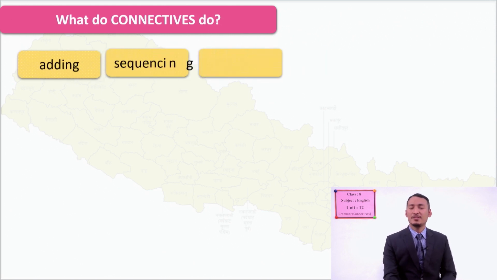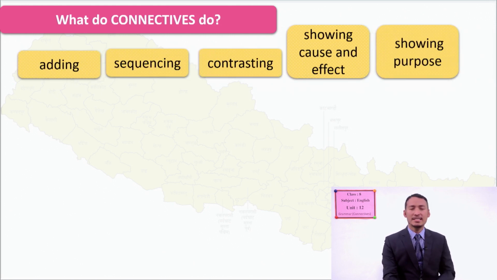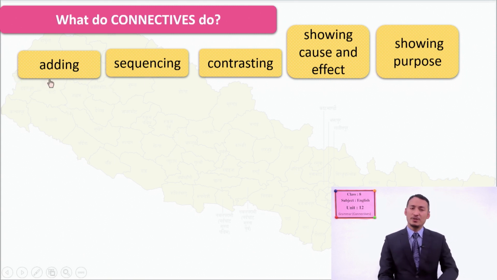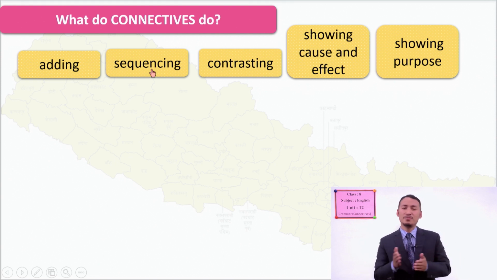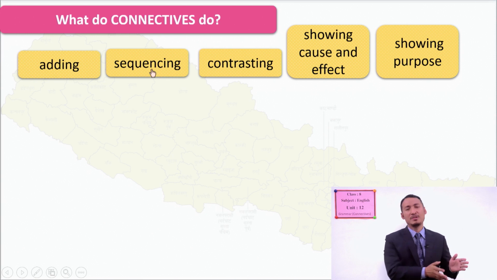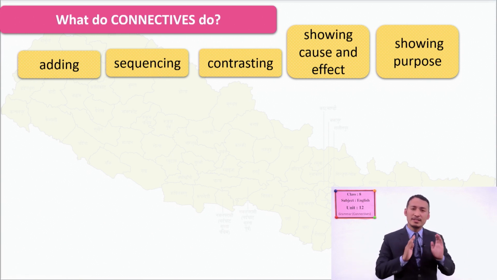So let's see what connectives do. Connectives do adding, sequencing, contrasting, showing cause and effect, and showing purpose. Okay, so it adds information, it arranges information from first, second, third, and contrast. It shows the difference. Okay, something is black, but something is white. It shows the difference between two things or situations.